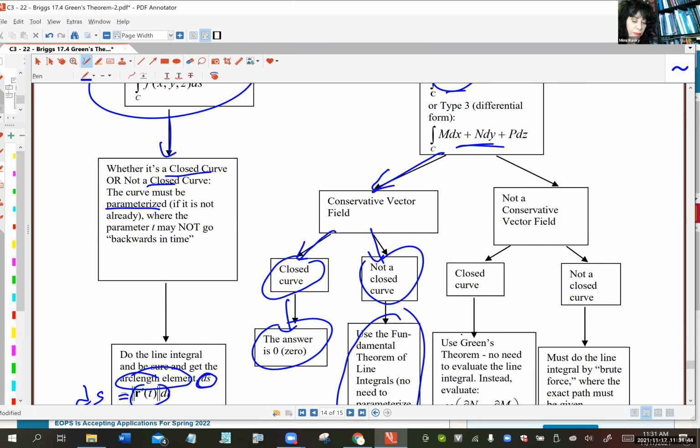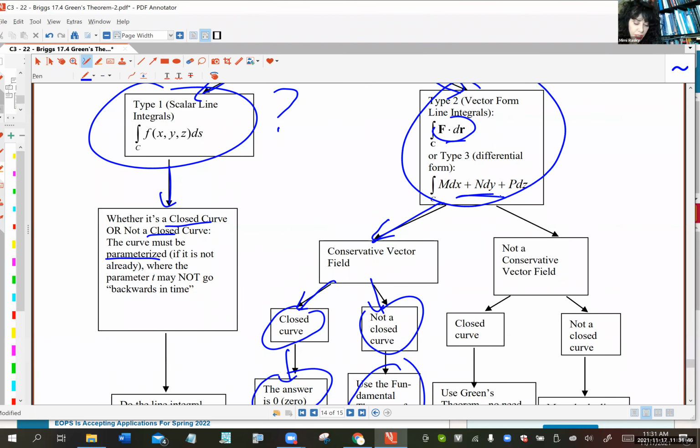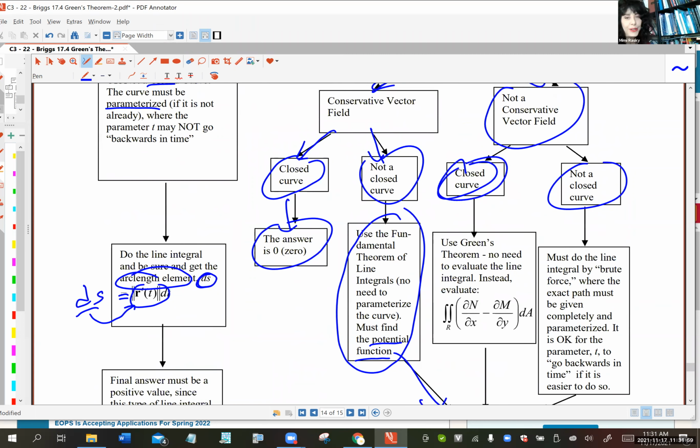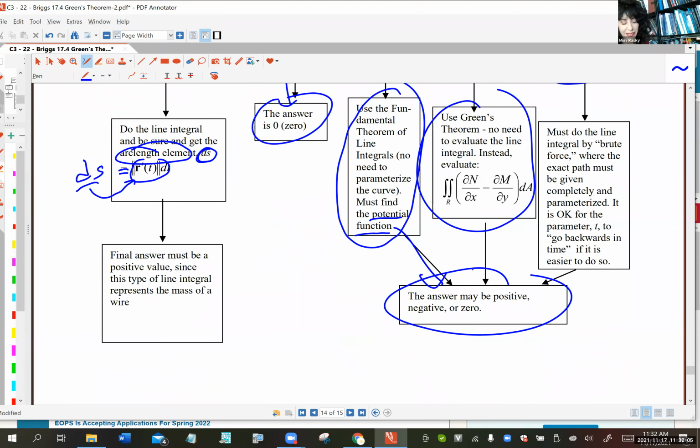Okay, now what about if you're doing a type 2 or type 3 and it's not a conservative vector field? Okay, then you have to ask the question again, is it closed or not closed? The curve, that is. If the curve is closed, hey, go use Green's. And then your answer may be positive, negative, or 0.